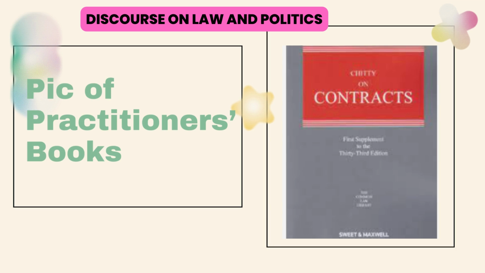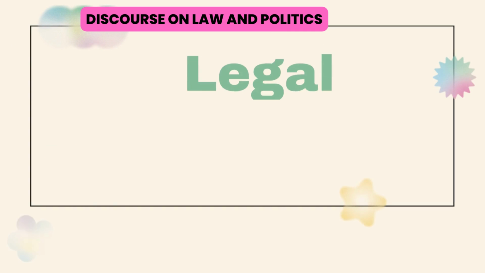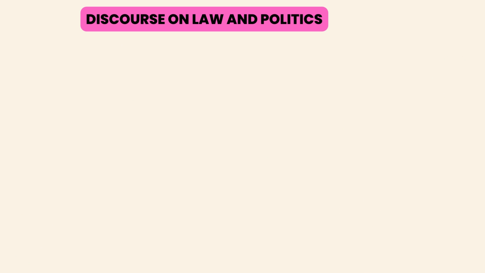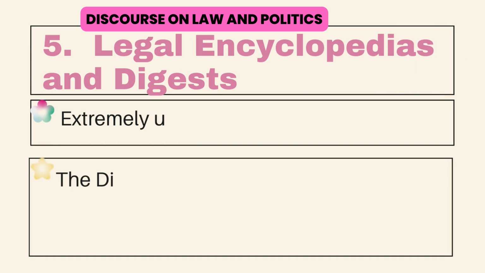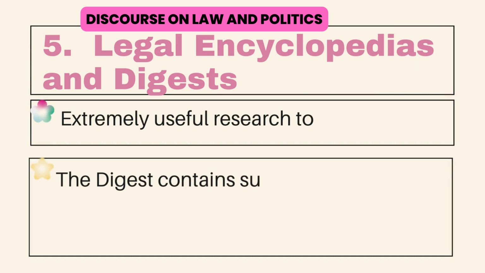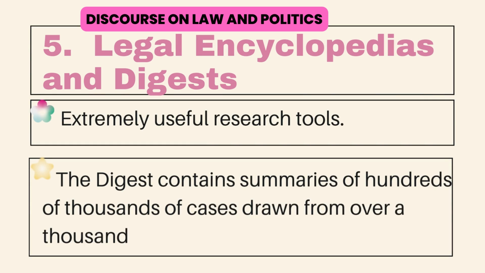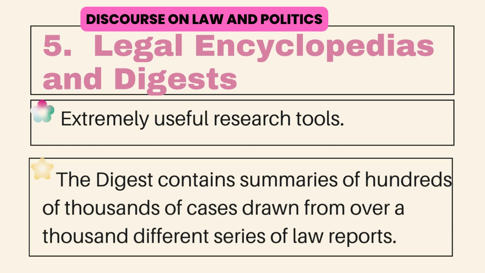Moving towards the next kind of books, that is the legal encyclopedia and digest. What kind of books are these, and what is the use of these books? Let's see. The encyclopedia is extremely useful because it has basic information, and very useful information on the different phases of the law.